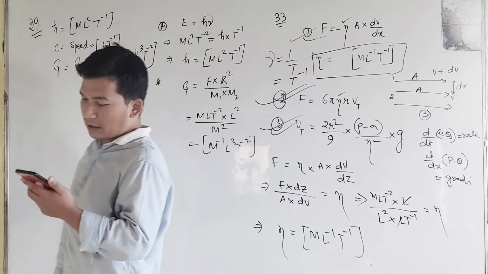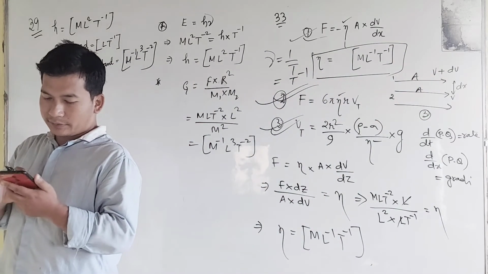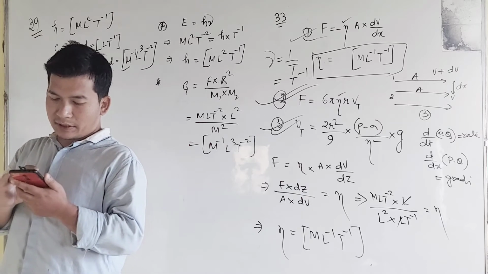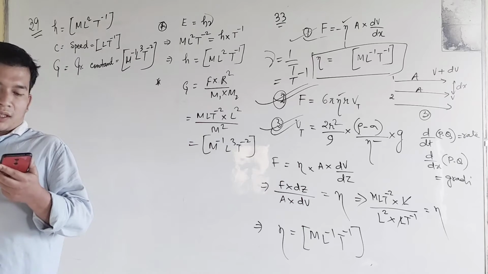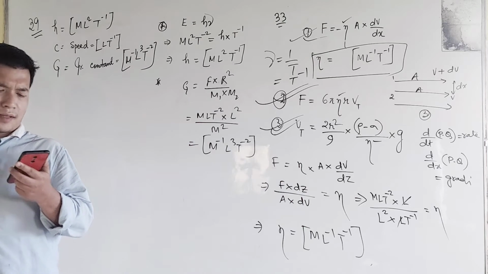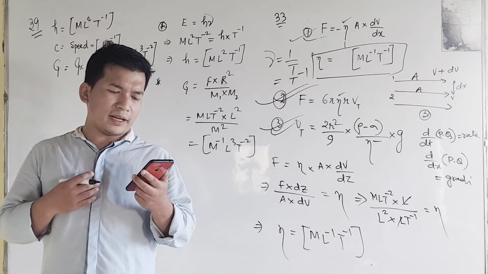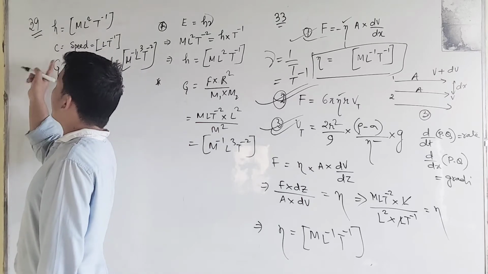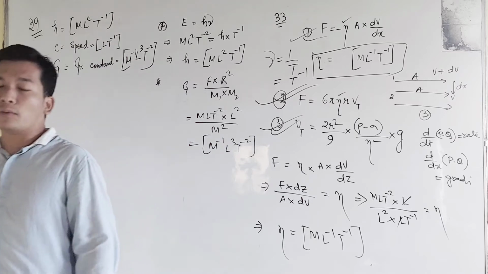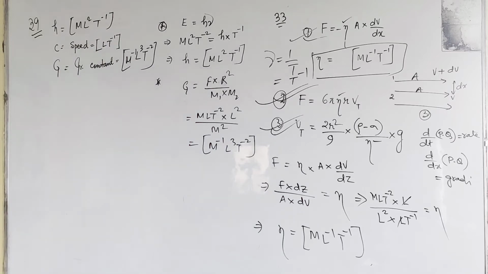In question number 39, which of the following combinations has the dimension of length? We have three different quantities: Planck's constant, the speed of light, and the gravitational constant.